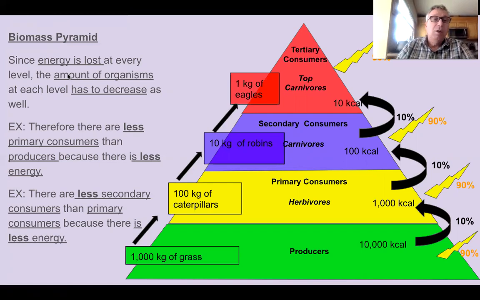So there are going to be fewer primary consumers than producers, fewer secondary consumers than primary consumers, and fewer tertiary consumers than secondary consumers, and so forth. And we sort of went over that.